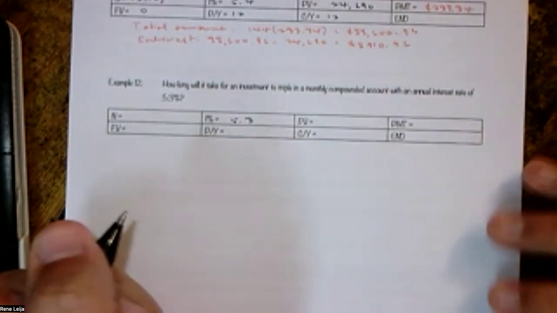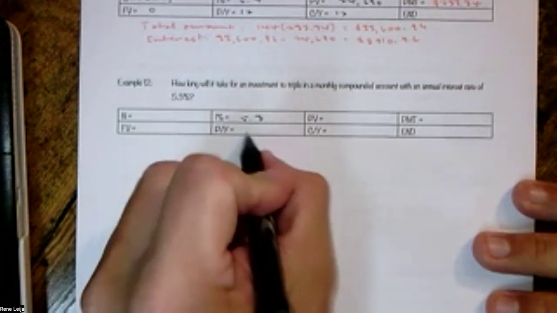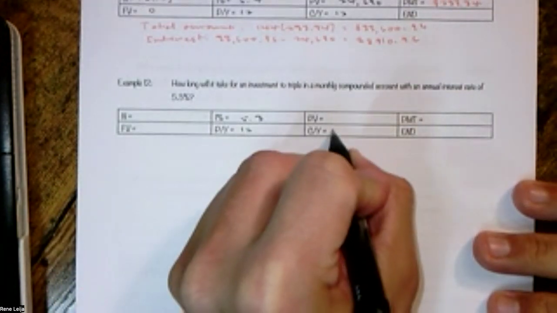Okay. Now, what else do I know? Well, it says that my compounding period is monthly. Okay. Now that helps me out for the PY and the CY, but I can't plug that in here.